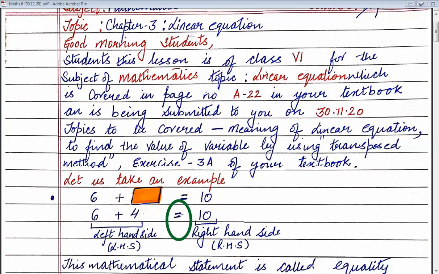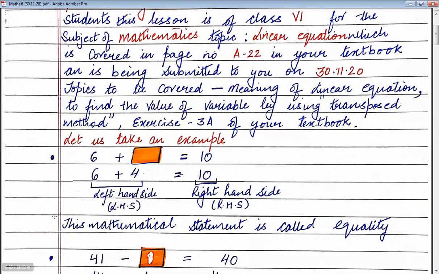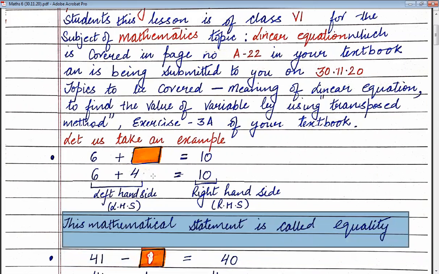Whenever two statements are equal, that expression is called equality. So this example is an example of equality. Equality means equal. Any expressions which are equal are called equality.